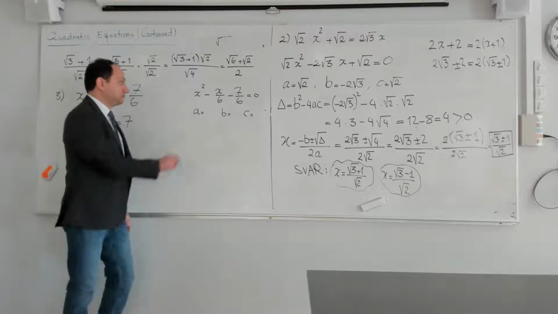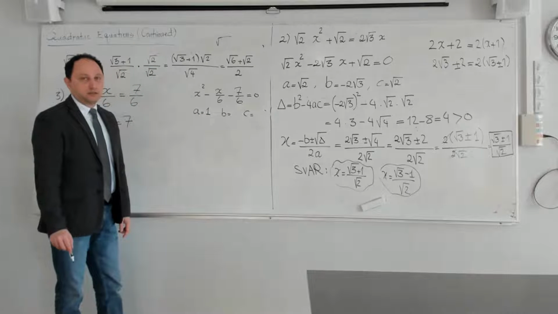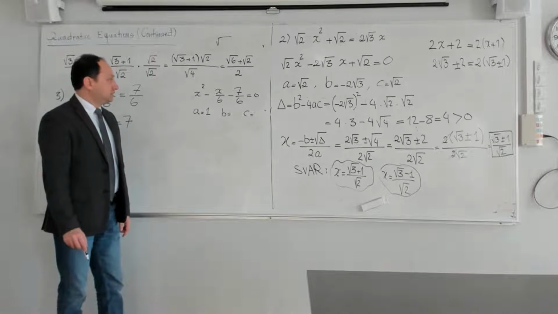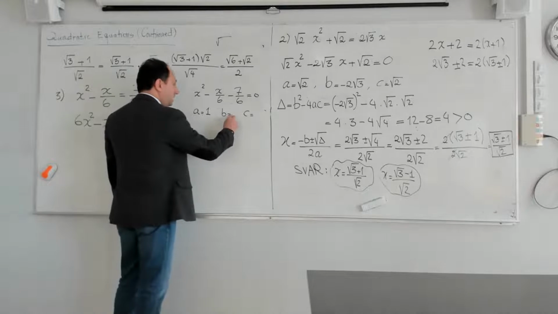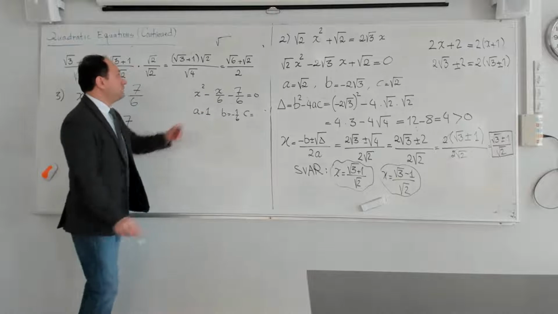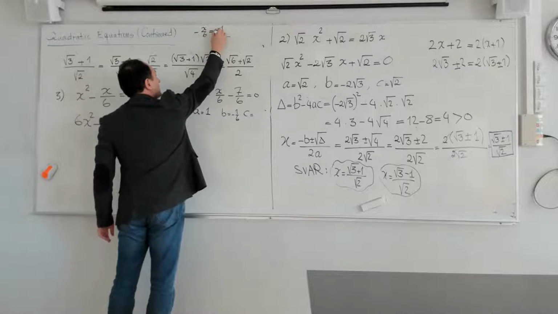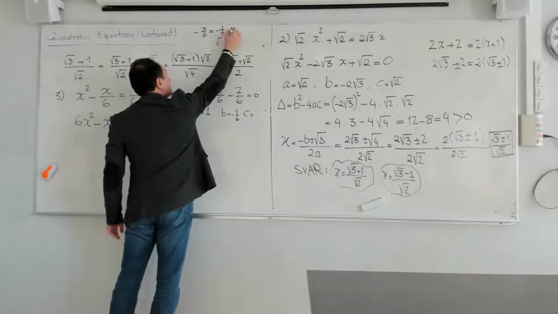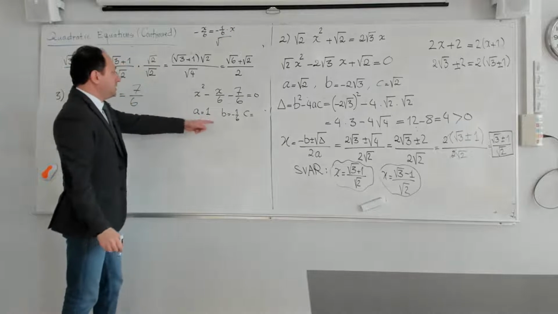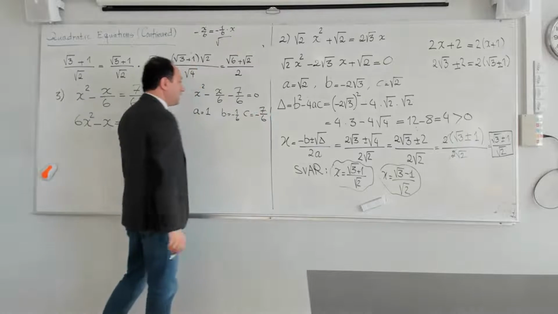A is 1. What is B? B is 1/6. Not 1/6, minus 1/6. Thank you. That's very good to understand. Why? Because minus x/6 is another name for minus 1/6 times x. So it's minus 1/6, and finally it's clear that C is minus 7.